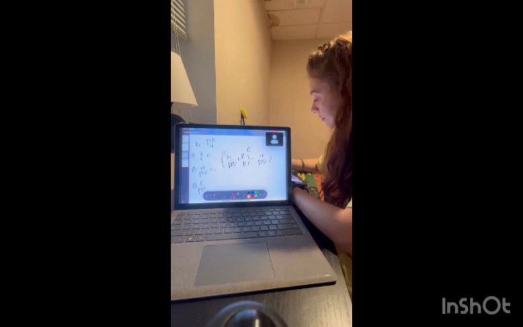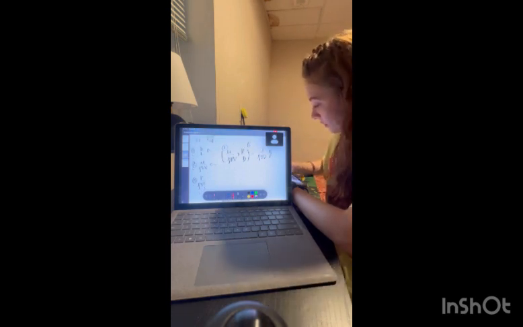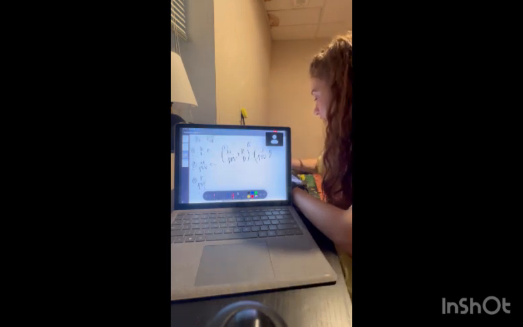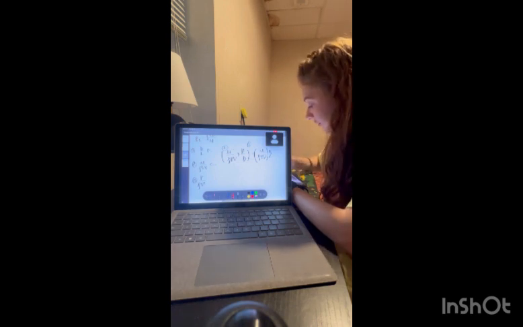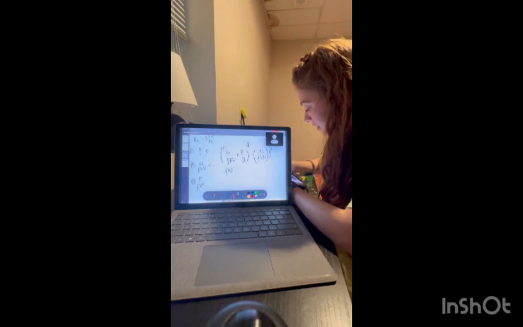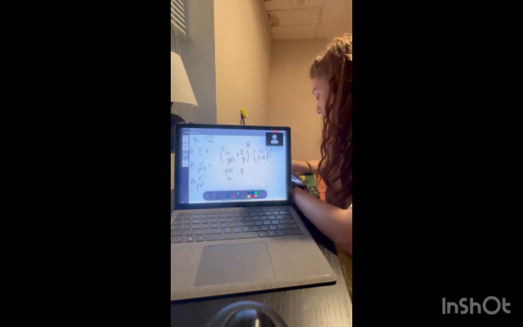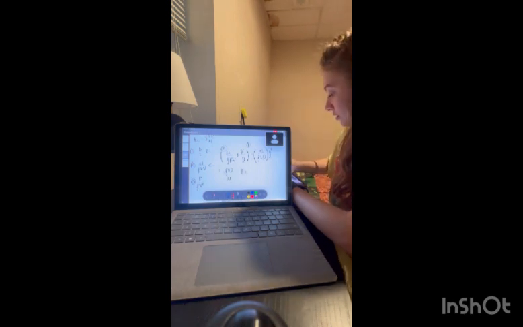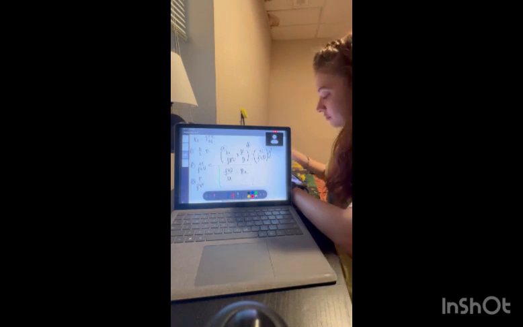So we can just flop these, or raise it to the negative first power. That makes it rho v d over mu, which is equal to the Reynolds number. So there's that for number 4.